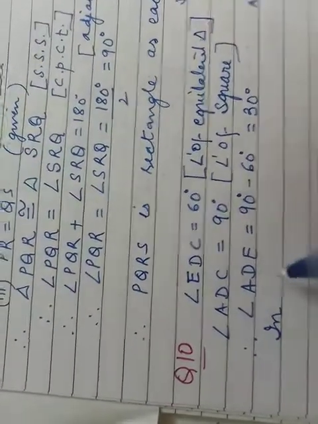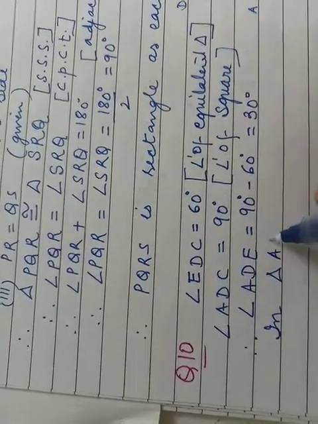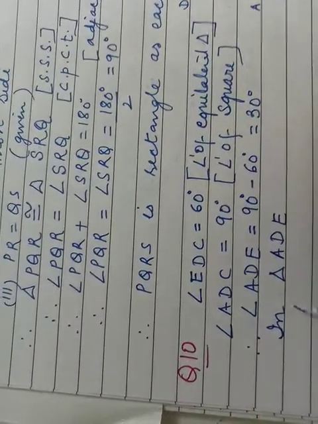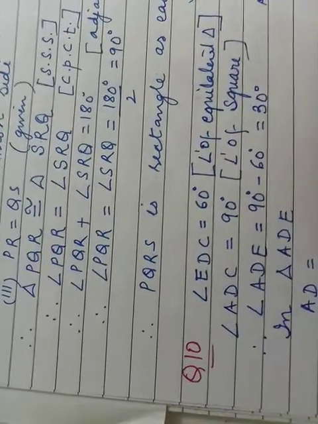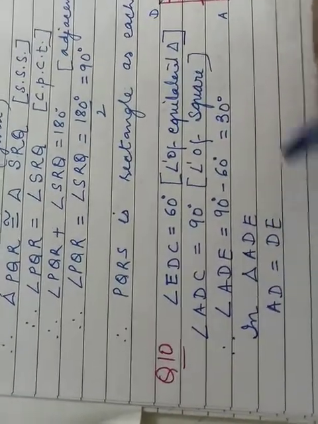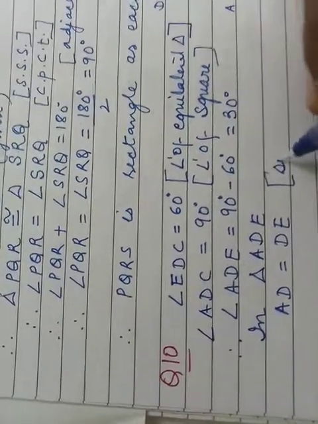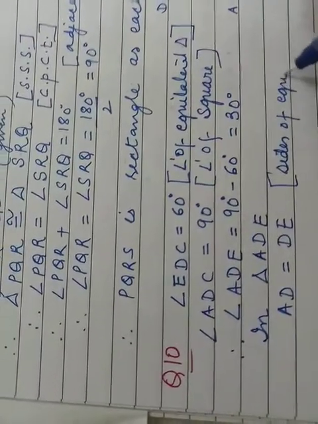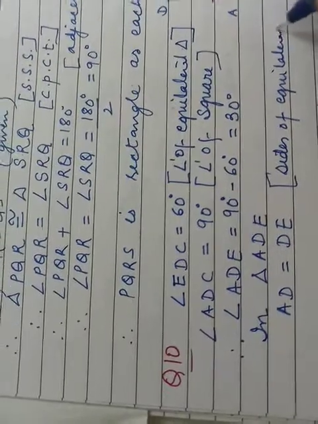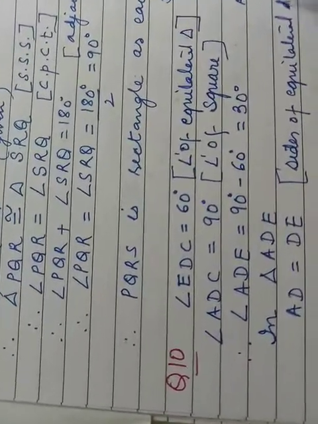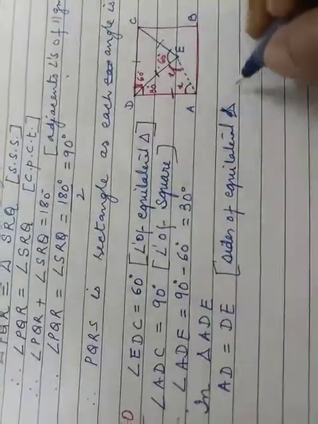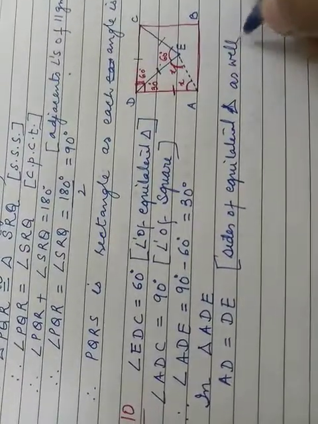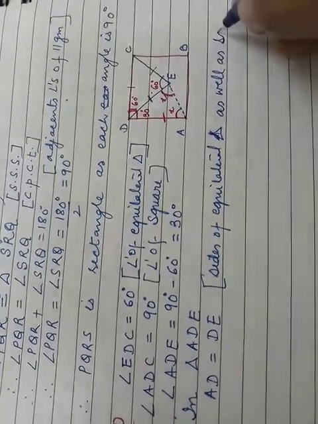In triangle ADE, AD is equal to DE. Reason, sides of an equilateral triangle as well as square.